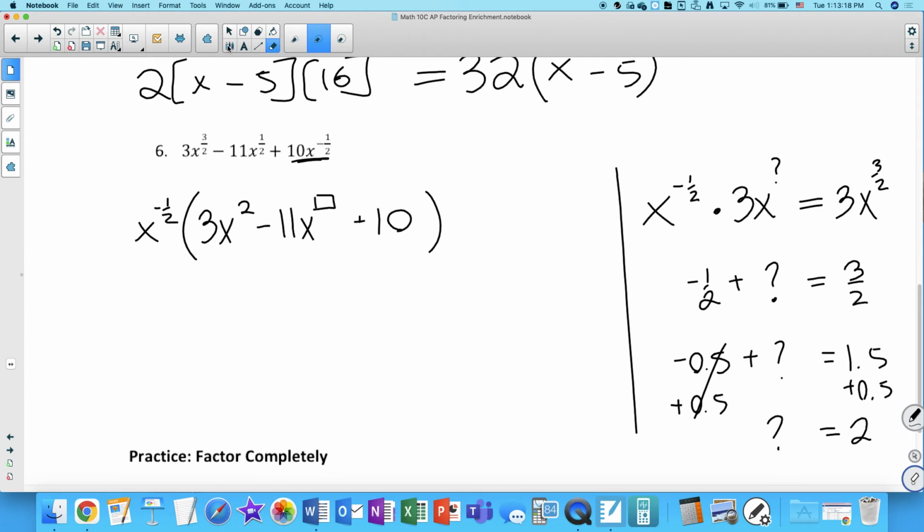Even just think about this part. x to the negative 1/2 times x to the something has to equal x to the 1/2. Negative 1/2 plus what is 1/2?